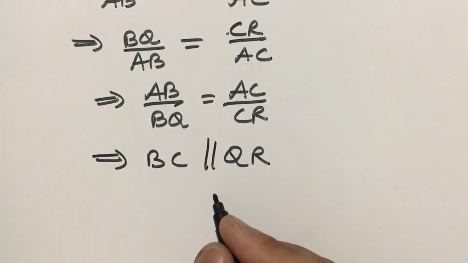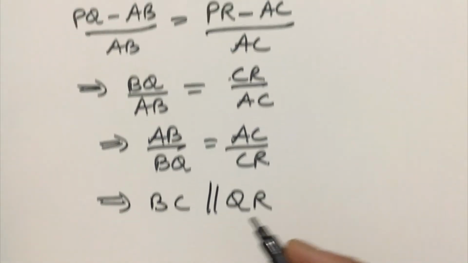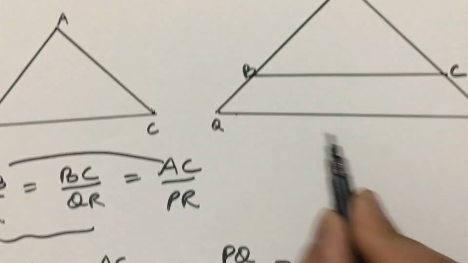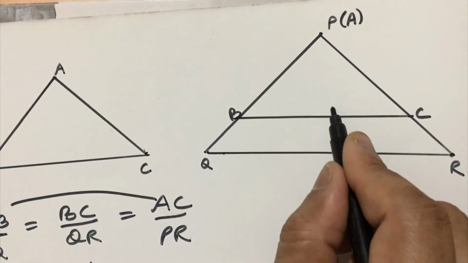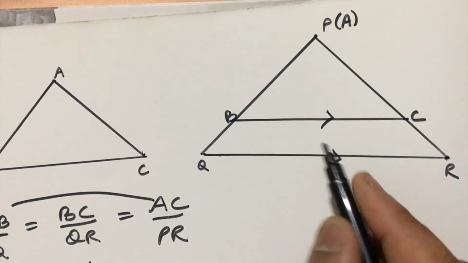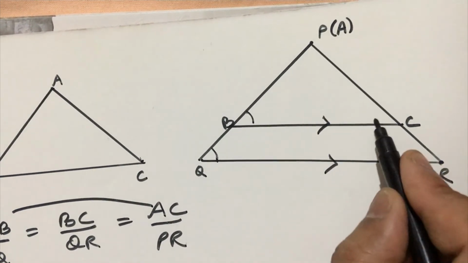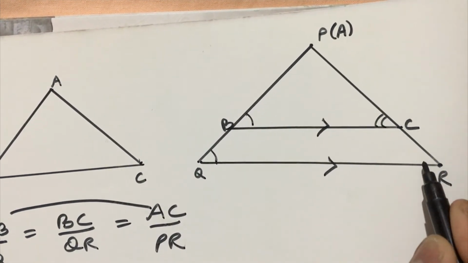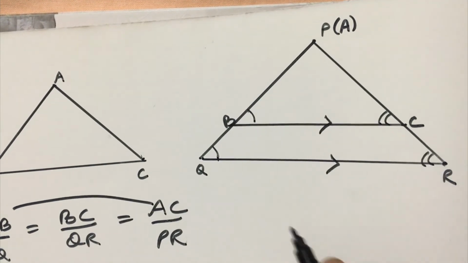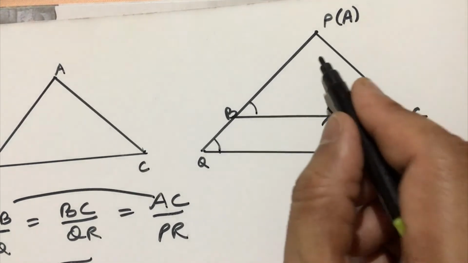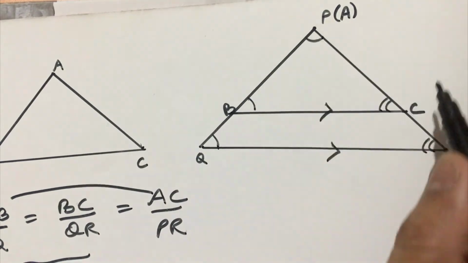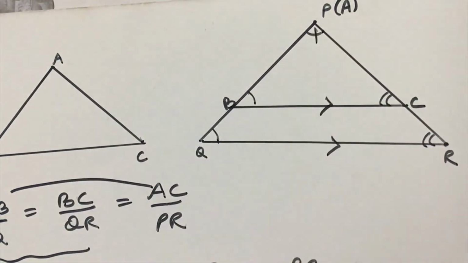So, from this you can say that in this figure, if BC is parallel to QR, what we can say is that angle B is equal to angle Q, and as well as angle C is equal to angle R, as they are the corresponding angles, right? Anyhow, this is the common angle for both triangles.